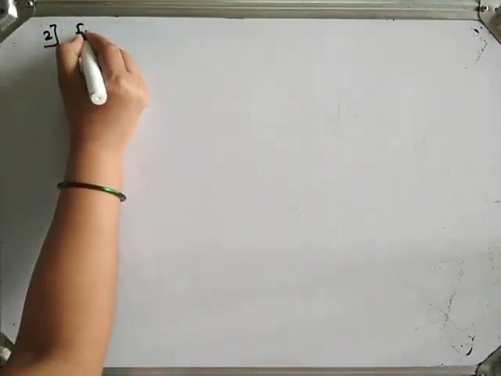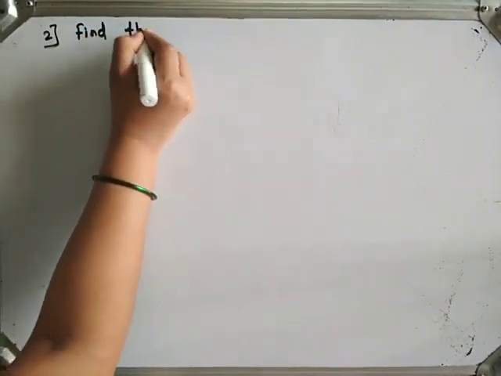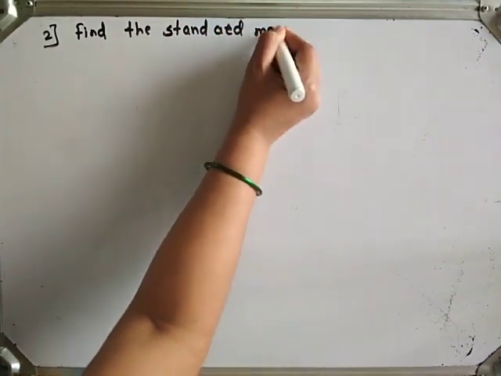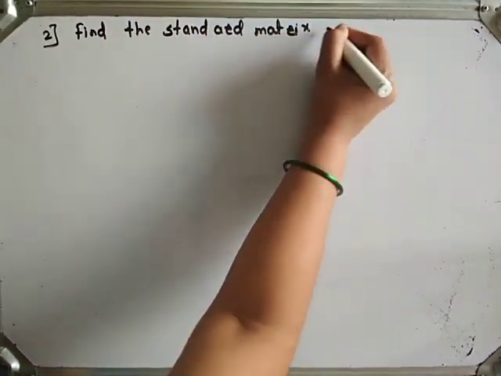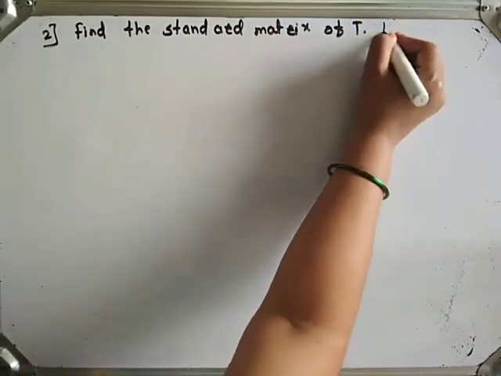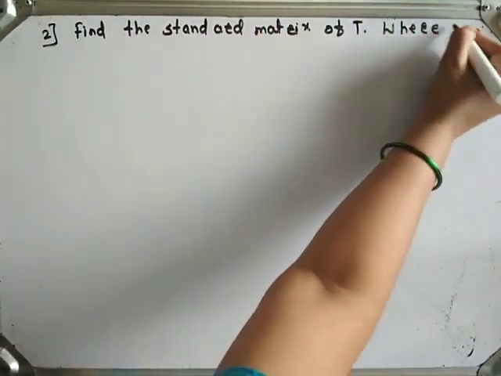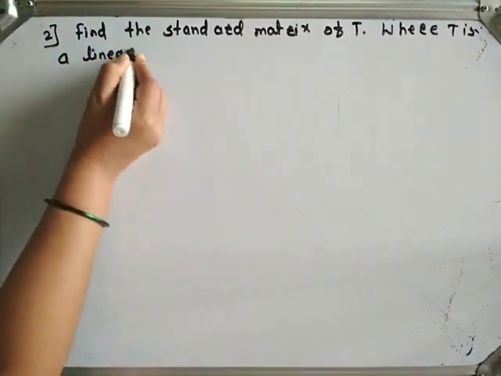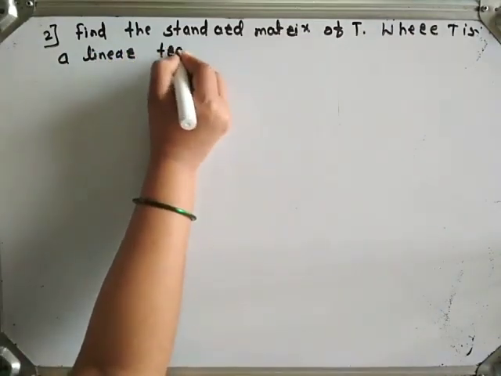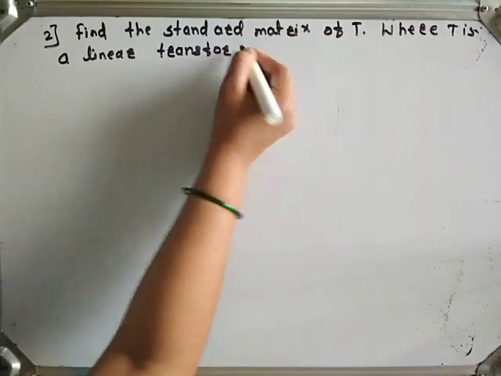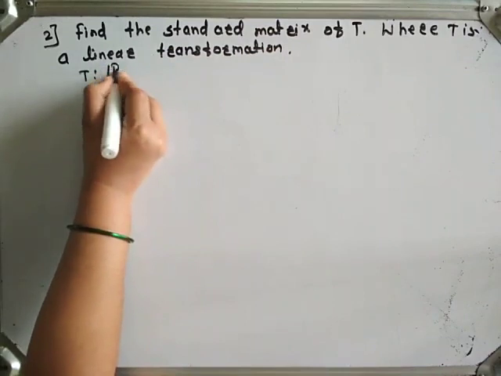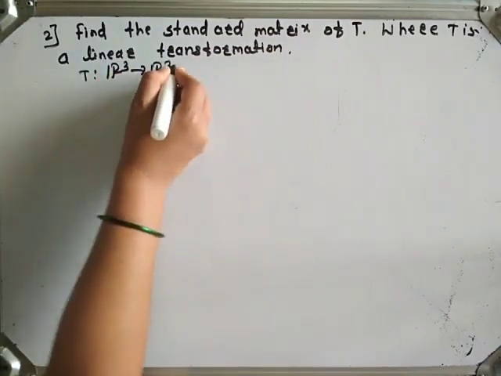Let us take the next example. Second, find the standard matrix of T where T is a linear transformation T from R3 to R2.